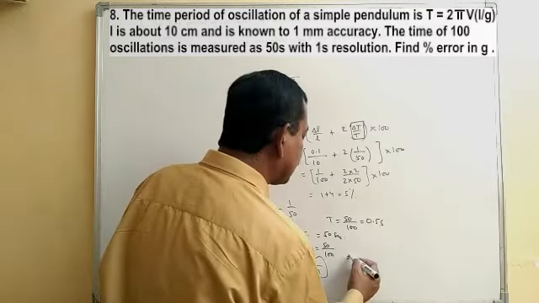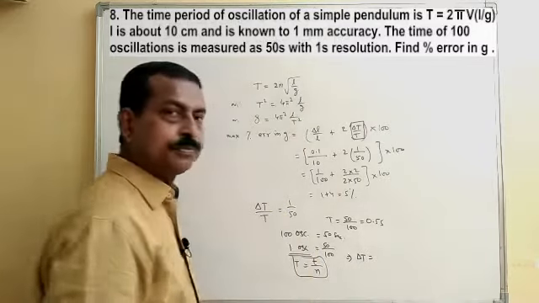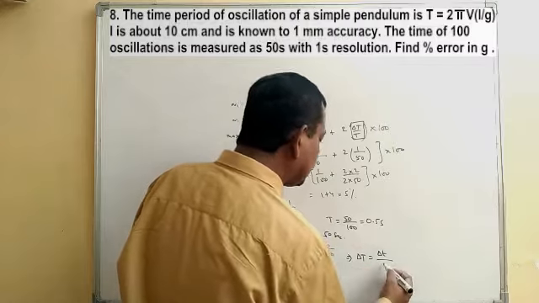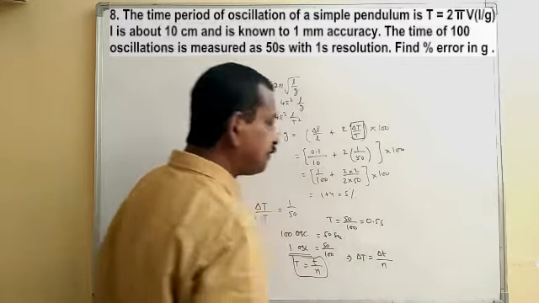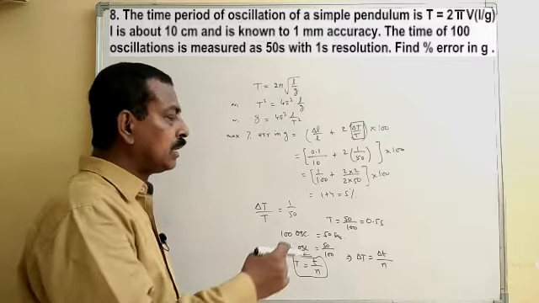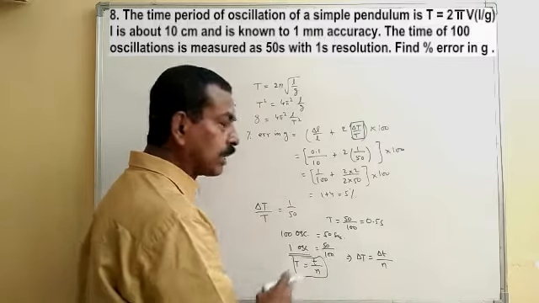So now you have the expression T as t by N. So in this case, if I take delta T, it will be delta t here divided by N. That means this will be the error in the measurement of time. This is the recorded time.